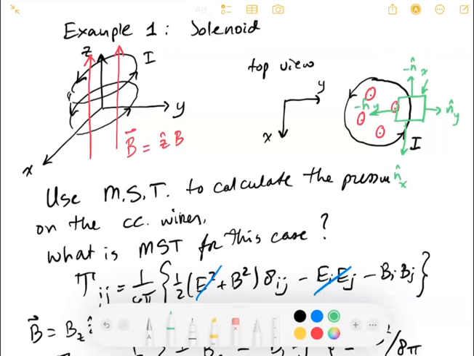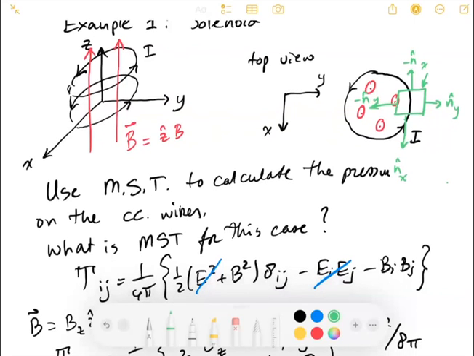Because the normals are different, but the stress tensors are the same, these things will cancel. So these two cancel. The only thing we need to worry about is that the left side of this box is in the magnetic field, so the stress tensor is not zero.